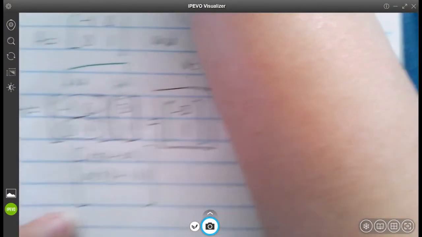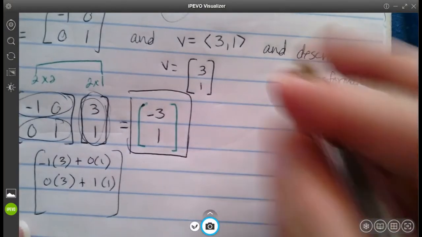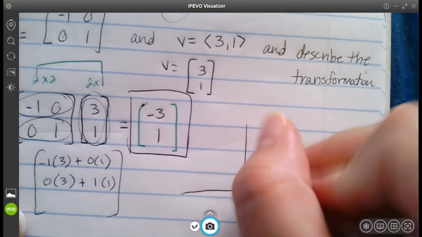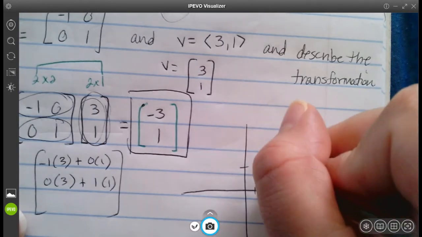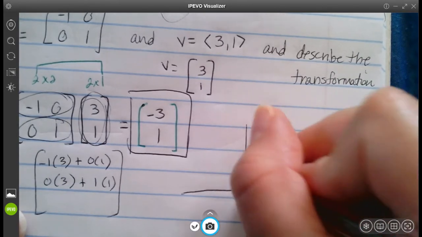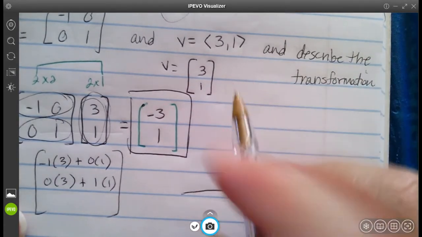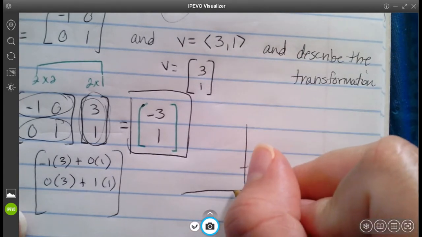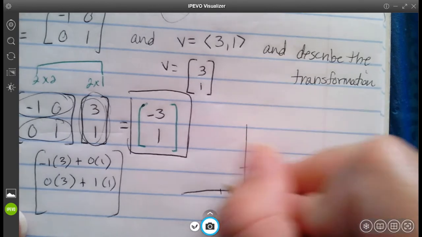And if we wanted to graph these, because we're asked to describe the transformations, okay? Well, the original V was 3, 1, so 1, 2, 3, 1. This was V, okay? And then AV is negative 3, 1, so negative 3, 2, 3, 1.